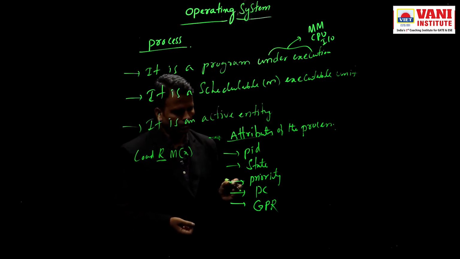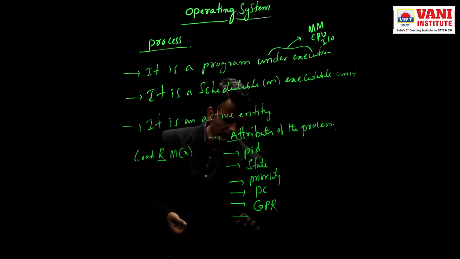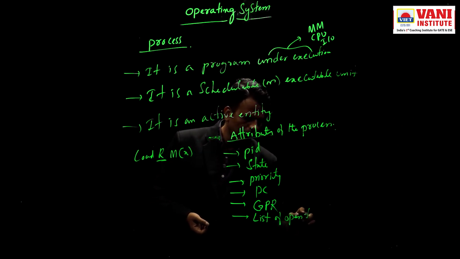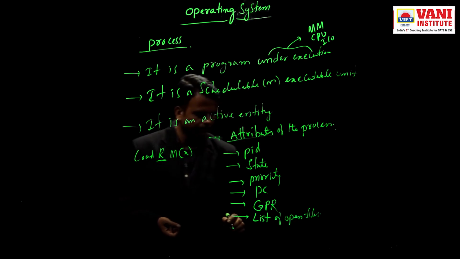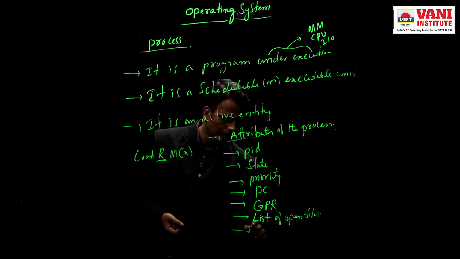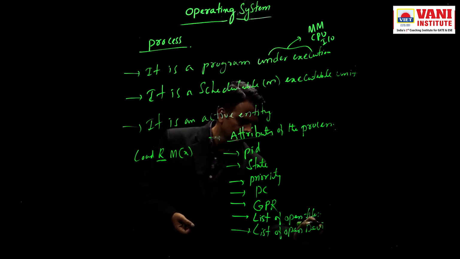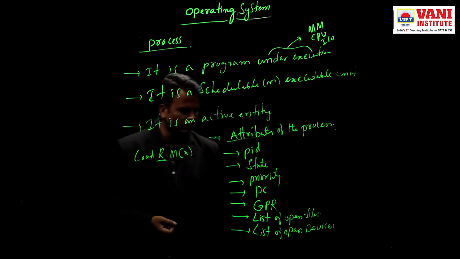Okay. Now, next one, list of open files. Second one, list of open devices. What is the meaning of this?